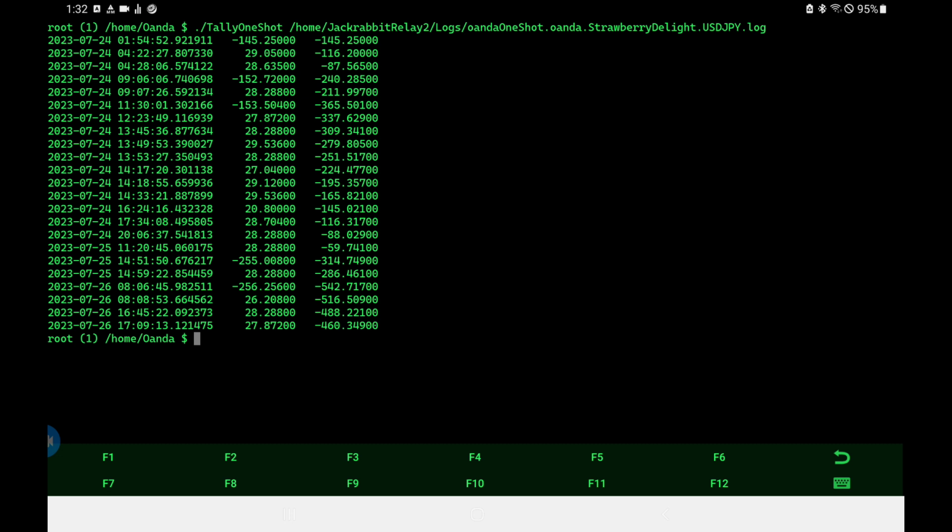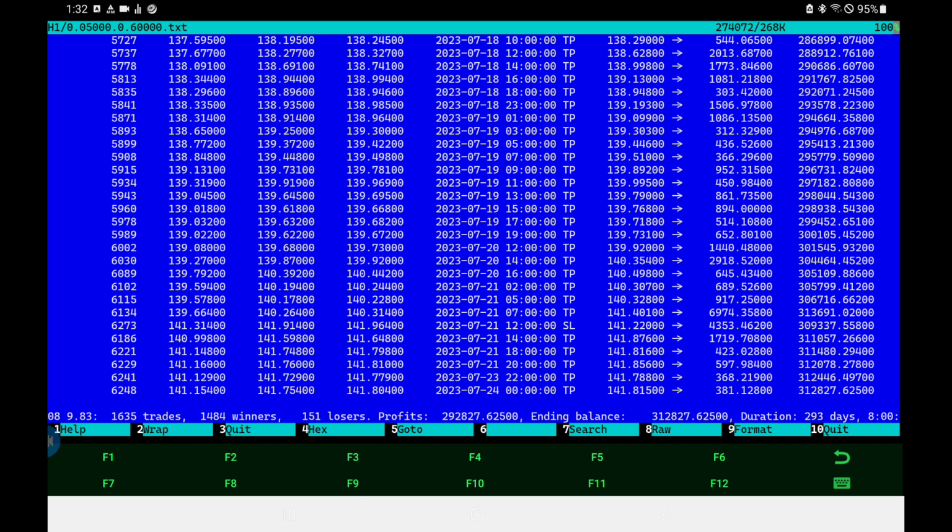You cannot make an assessment based upon 20 or 30 trades, whether or not this process is going to have long-term success. As we've seen from the 1 hour process, it has 1,615 trades. You need at least 100 trades to determine a feasible reality within the process.